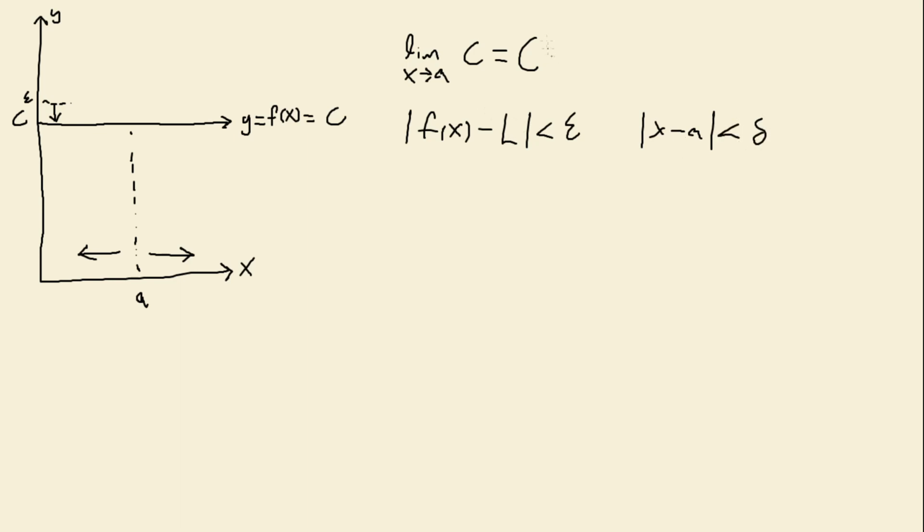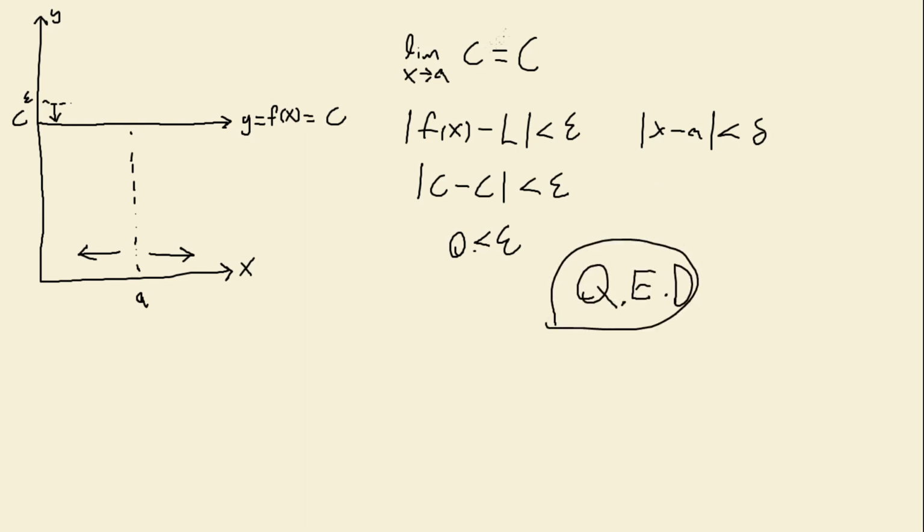When we plug in our proposed limit of c and our function of c, we'll see that we get c minus c here less than epsilon. Well, that's just 0. 0 is less than epsilon. And so what we see is it doesn't really matter what delta is. As long as epsilon is greater than 0, both of these inequalities will always be satisfied. So that's our first limit property. The limit of a constant is just that constant.